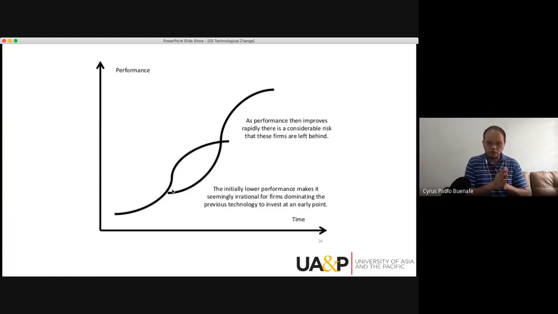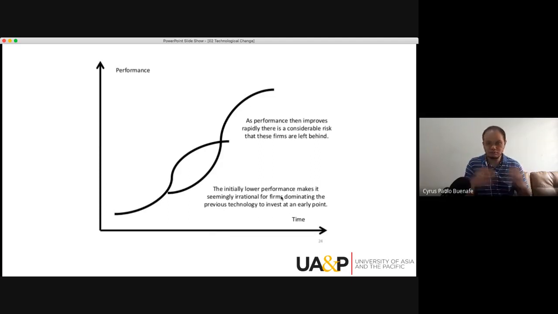Sometimes, as they start, the initially lower performance makes it seemingly irrational for firms dominating in the previous technology to invest at an early point. So technology A is the dominant technology and technology B is the upstart. At that period in time, maybe the performance of technology B compared to technology A, using the same metric of performance, technology B is worse.